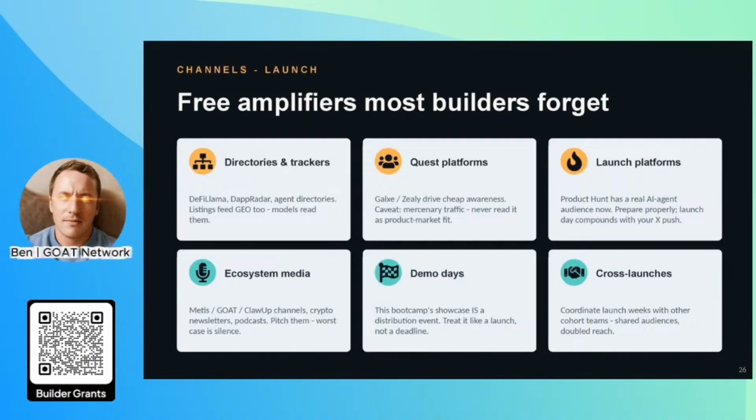These will cover bootcamp projects. You need to reach out to them and pitch them. In many cases, or maybe most cases, you'll get silence. But in some cases you may get a response, and in a few cases they may decide to work with you, talk to you, and cover your project. So reaching out costs nothing.